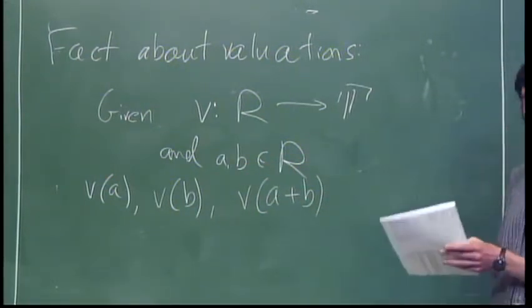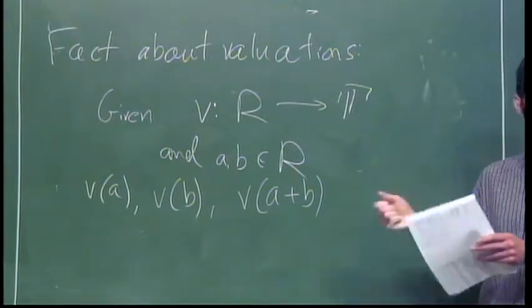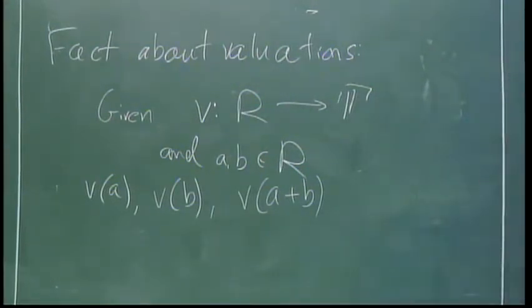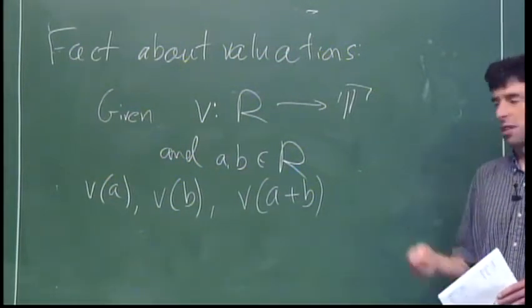We know that a valuation is a multiplicative map, which is, in my sign conventions, which are admittedly bizarre and the opposite of what everybody else uses, a multiplicative and sub-additive map.